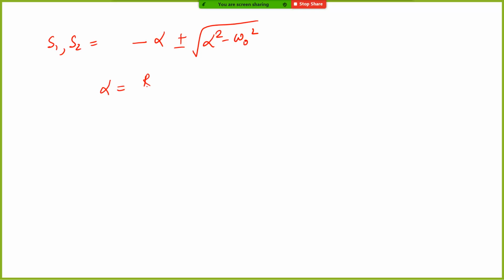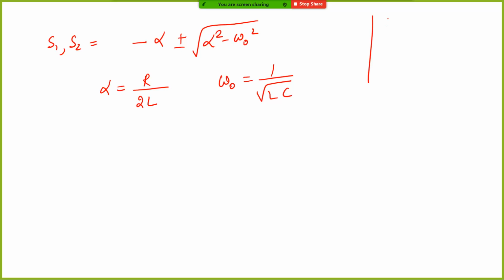Alpha is defined as R by 2L and omega naught is of course given by 1 by root of LC. Okay, so basically the solution form is the same, right? For overdamped, only the definition of alpha changes.